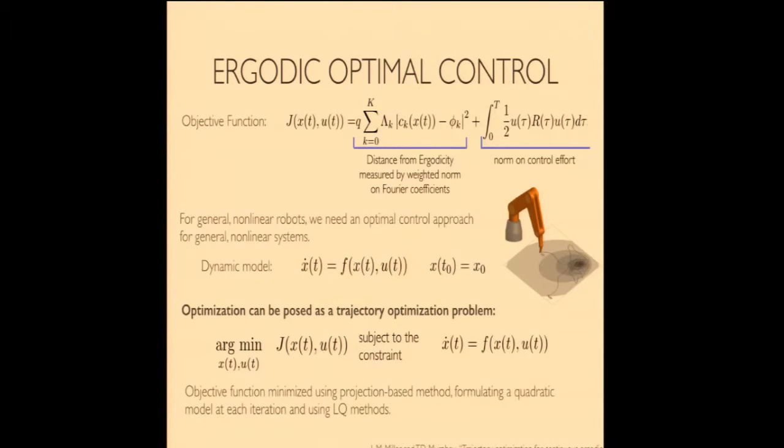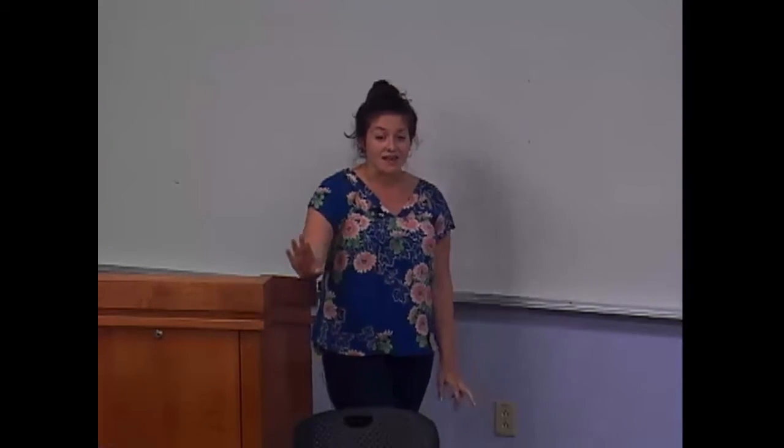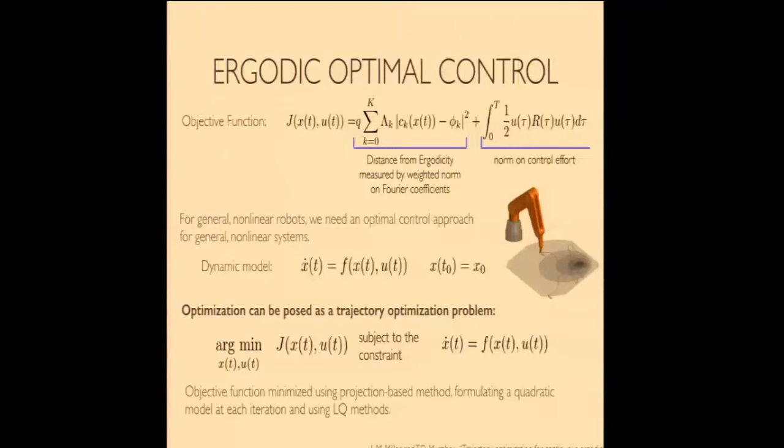In my work, it's also been important that any solution is pretty general. So I want to be able to come up with ergodic trajectories that are also dynamically feasible for different types of systems. So that means you have an optimization problem where you have a nonlinear objective and you have a dynamic constraint. Further complicate, this particular objective function is also not a Bolza problem, which in optimal control, we like things to be Bolza problems, which means it's an integrated running cost.